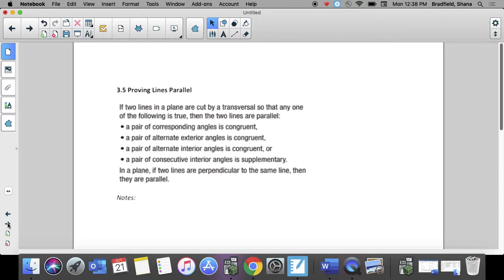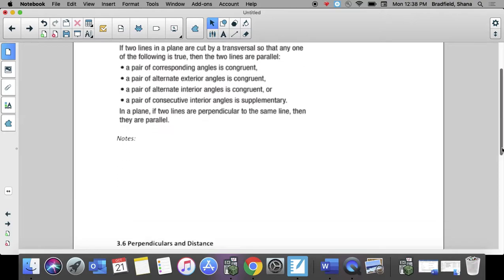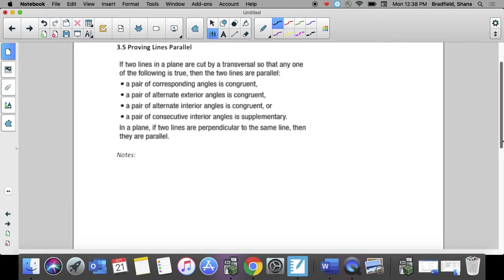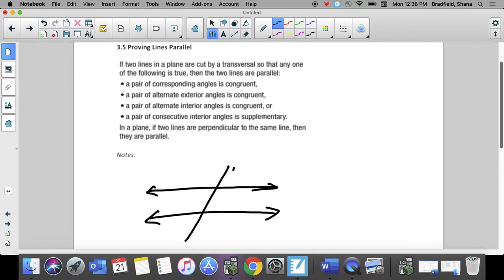In 3.5, this was the reverse of the 3.2 theorems that we had. So instead of knowing that we have parallel lines ahead of time and then saying our angles are congruent, we're trying to prove that they're parallel. And so it says we have two lines cut by a transversal. And for this, I don't have any parallel markers at first. So I don't know that the angles or the lines are parallel.